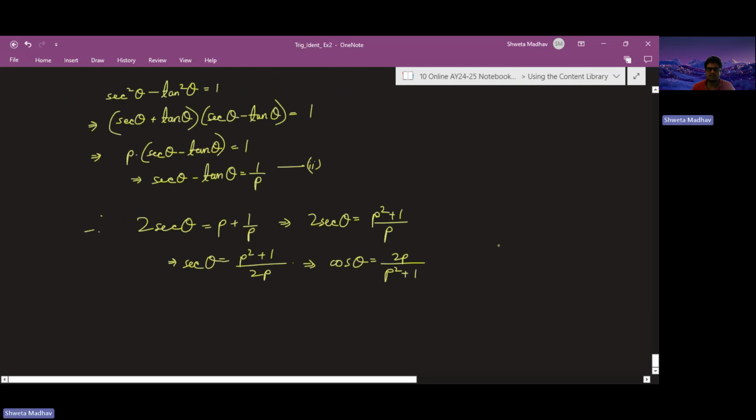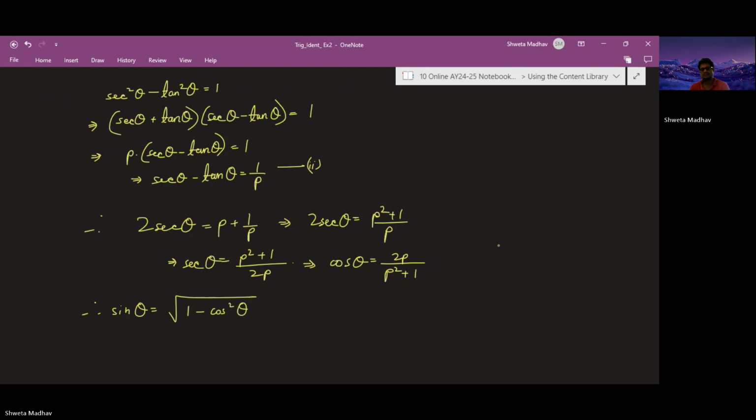Now sin theta, as we know, is equal to square root of 1 minus cos square theta. Or you can do it like this also.